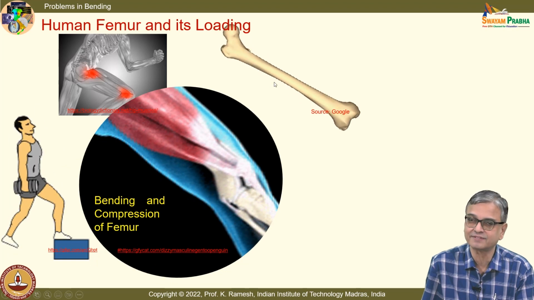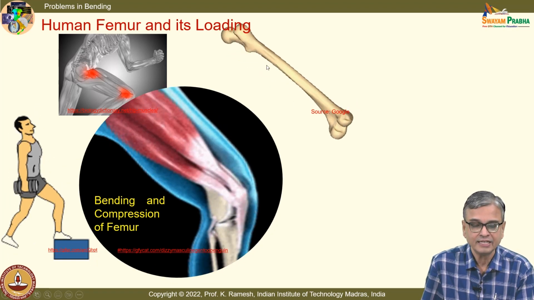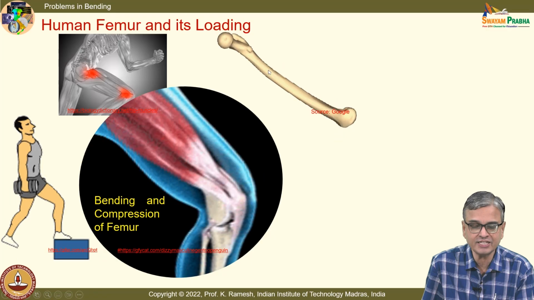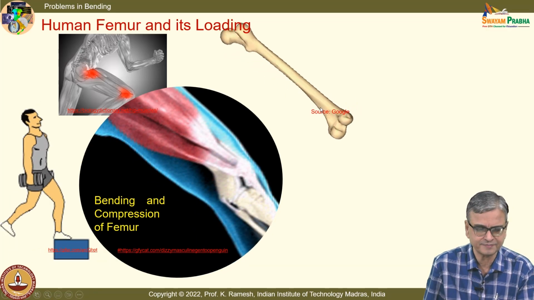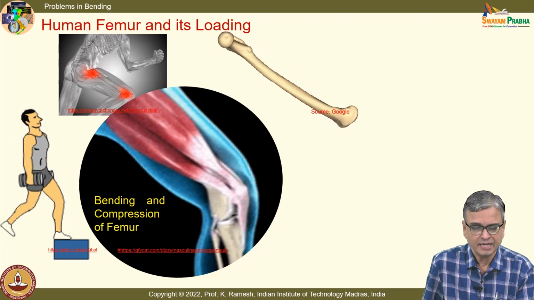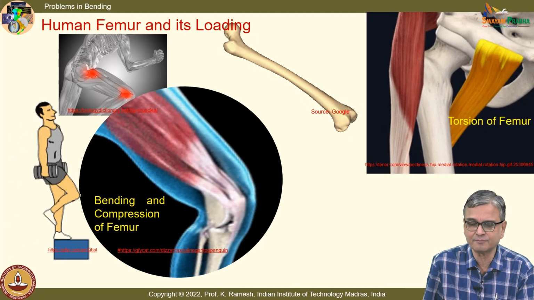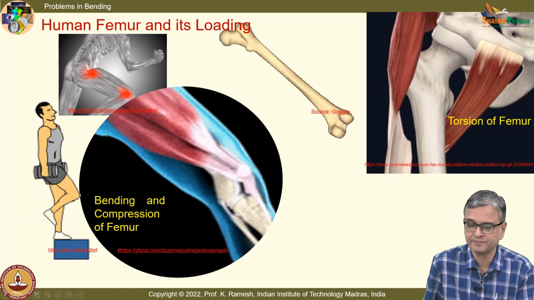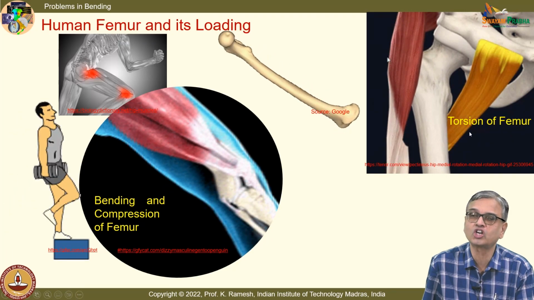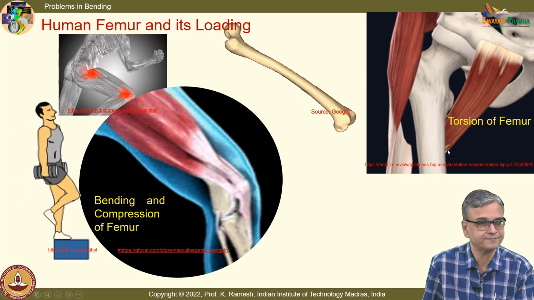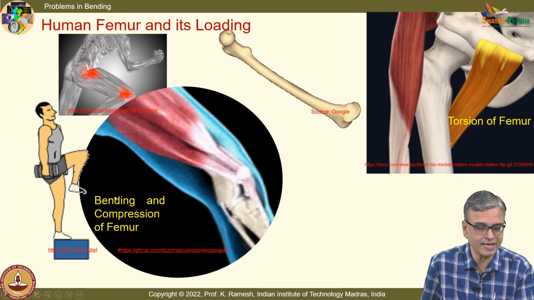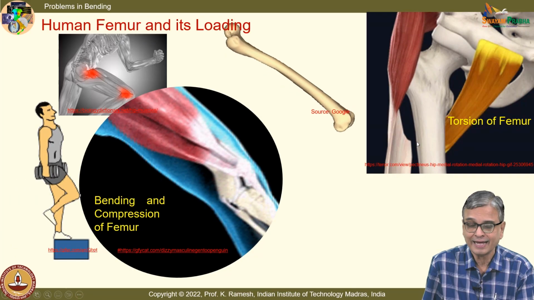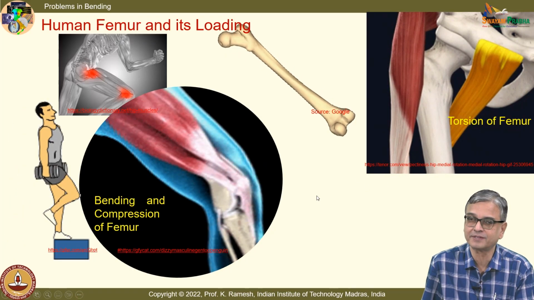Actually, it is curved. Not only curved, even the cross sections change from section to section. It's very, very complicated. And you have another movement of your own body which can produce torsion of the femur shaft. So, the worst case scenario is I may have bending and compression as well as torsion of the femur.